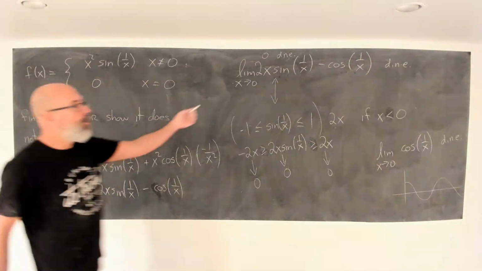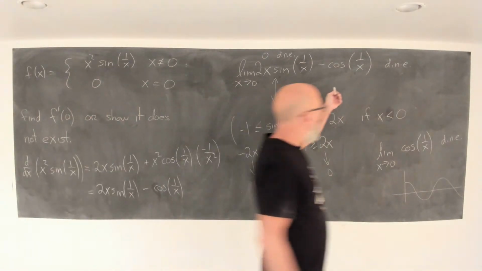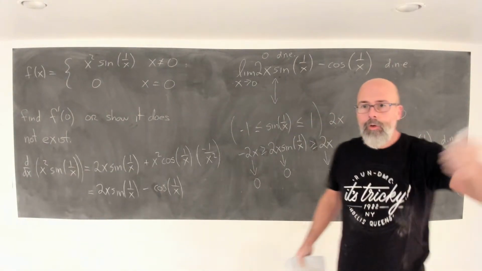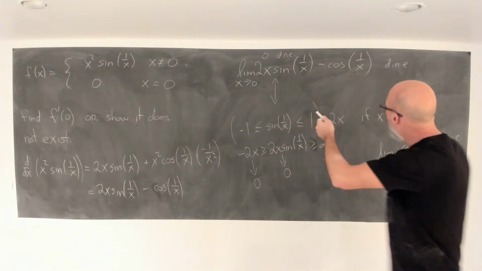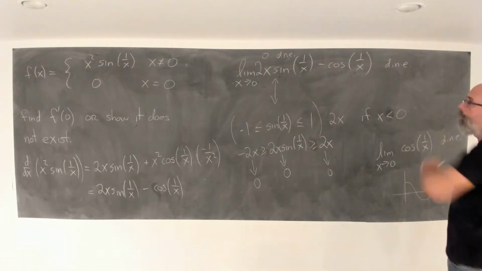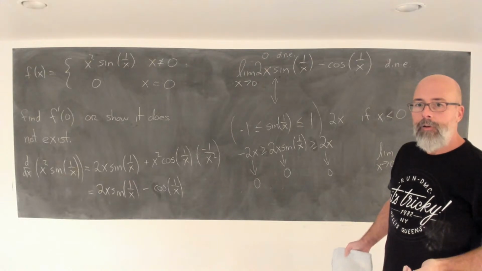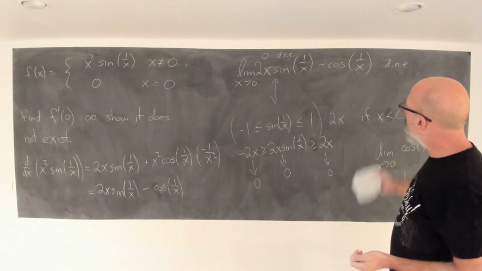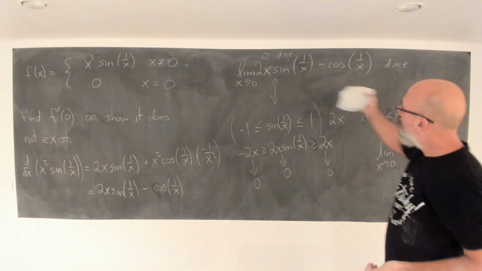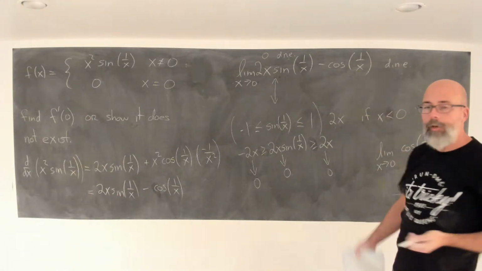Right? So if you conclude that the derivative does not exist, it's incorrect. It's incorrect because that has nothing to do with the derivative at 0.